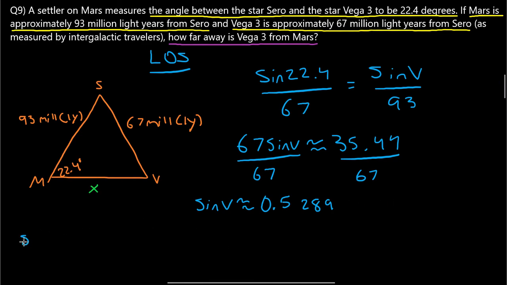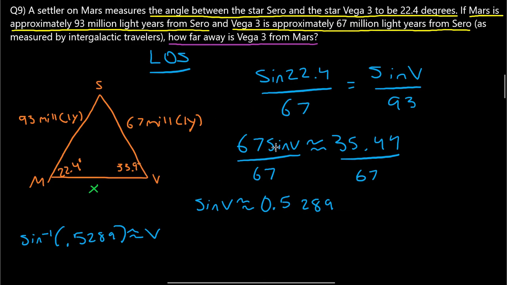So the inverse sine of 0.5289 is roughly equal to the measure of angle V. When we plug that in our calculator, we get that V is roughly equal to 33.93 degrees, or let me just put 33.9 degrees.